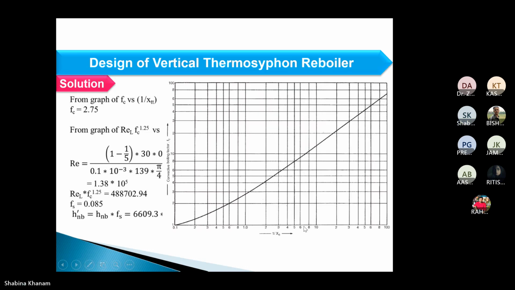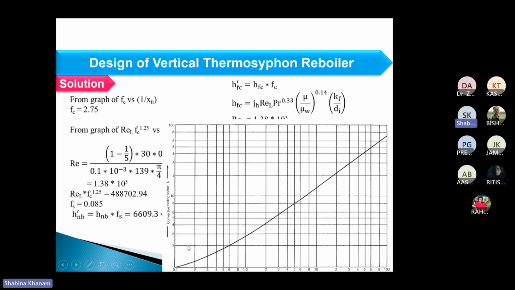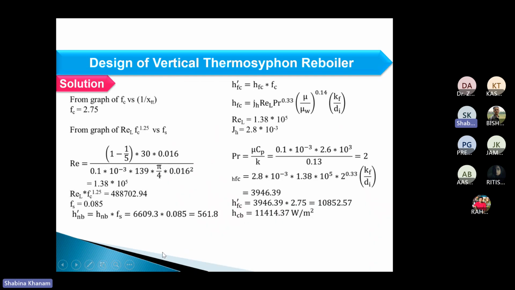Once I have this 1 by Xtt, we can find the convective boiling factor. That is Fc, with 0.94 given somewhere over here, so 2.75 you can find as Fc. That is not Fs, that is Fc. For Fs, because you need to consider that suppression factor, you need to find it based on another graph, which counts the Reynolds number of the liquid times Fc to the power 1.25.